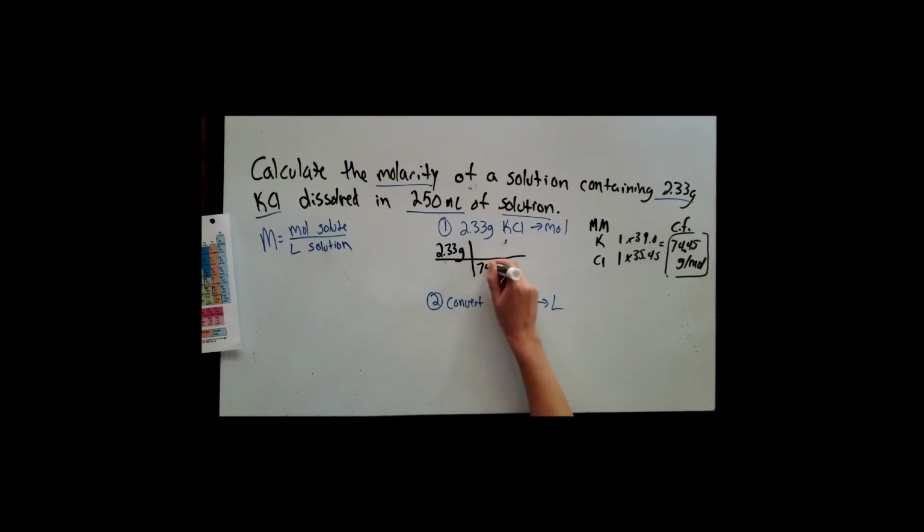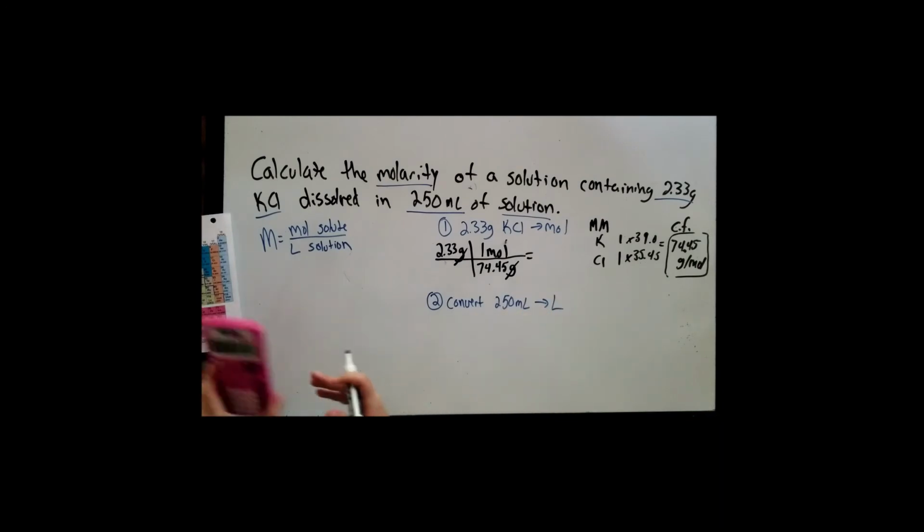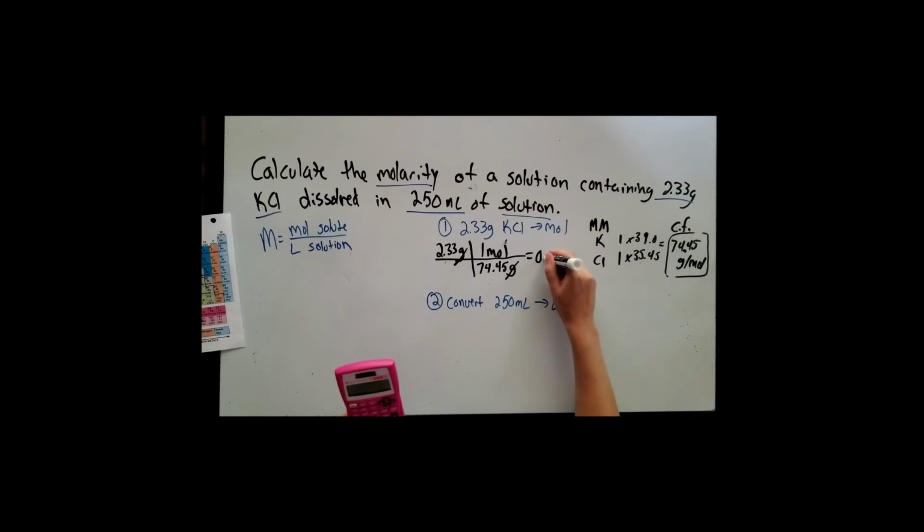Since I want to cancel out grams, I'm going to put it on the bottom, so they're on opposite sides of that horizontal line, putting my moles on top. This is going to cancel my grams out. When I do that division, I get 0.031296. There's a lot of numbers. Okay, so this is moles.